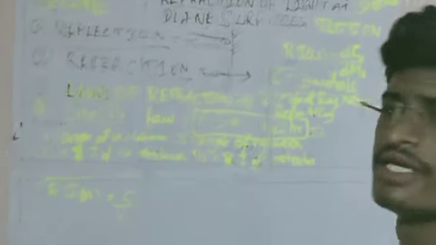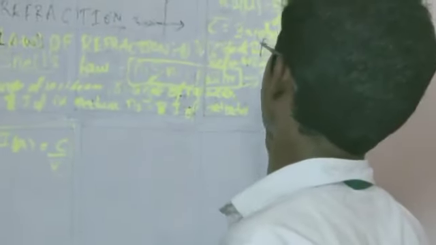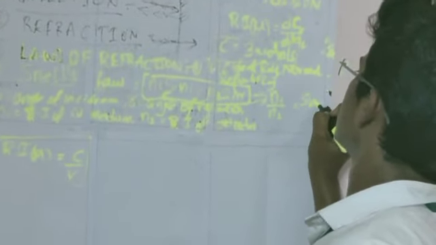Going to the topic, Snell's law, n1 sin i is equal to n2 sin r. If you want the refractive index in a medium, you will further simplify it. You bring this term from right hand side to left hand side: n1 upon n2 is equal to sin r by sin i.